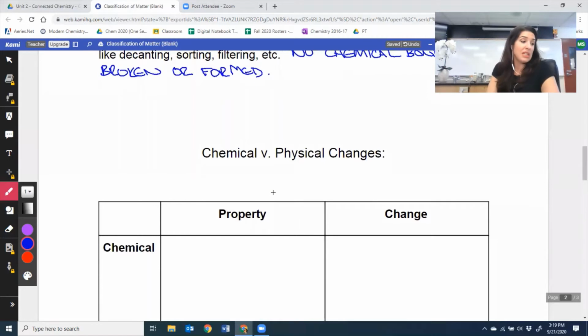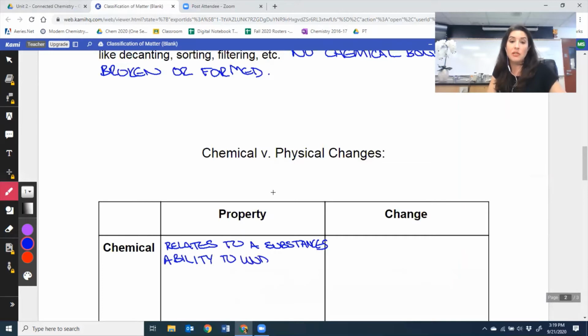So chemical properties relate to a substance's ability to undergo changes that transform it into a different substance.